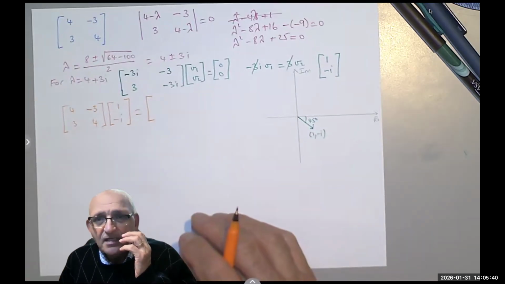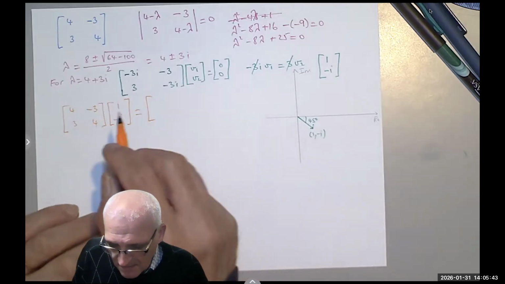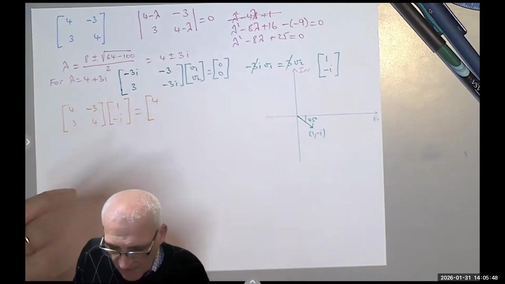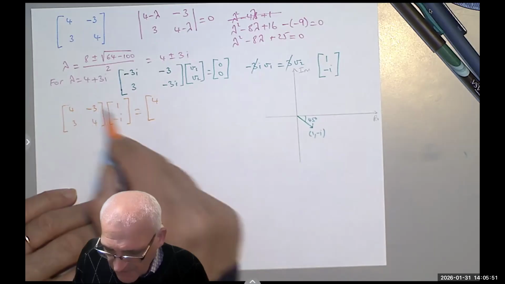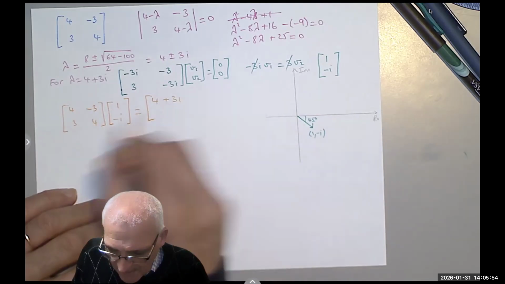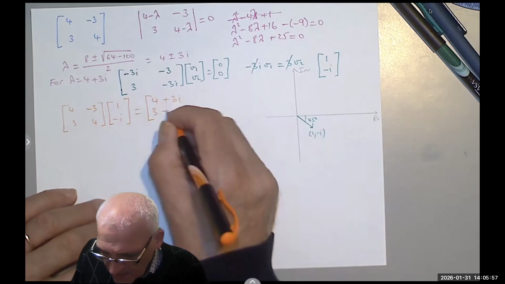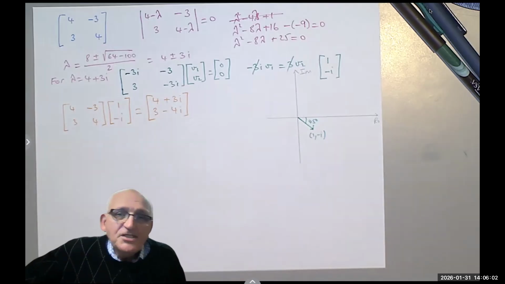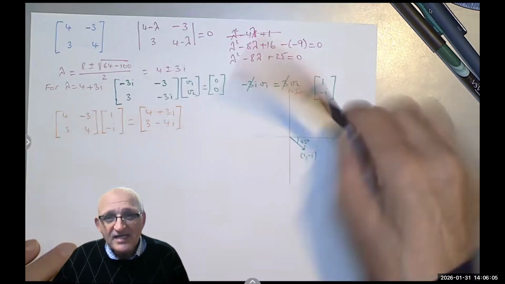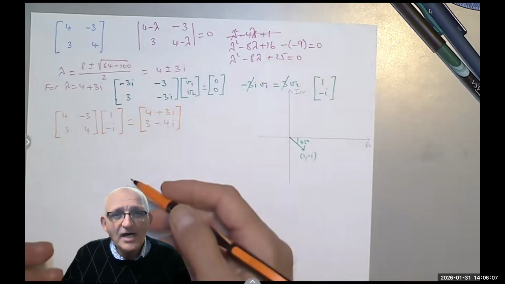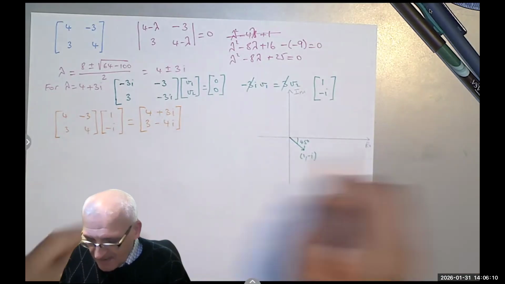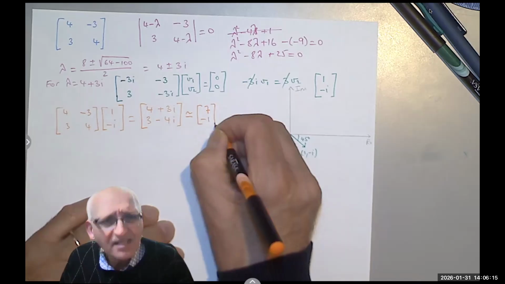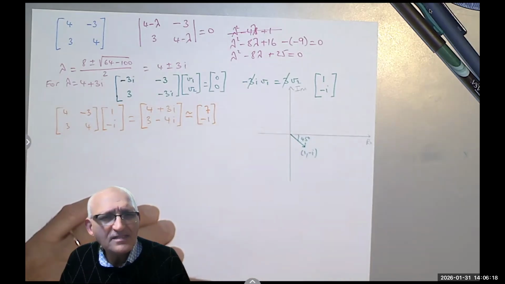However, this time, if you do it, you say 4 times 1, negative times negative is positive, and you get plus 3i. And here you get 3 minus 4i, right? However, notice that the i we are only using to differentiate between x and y. You can say this is the x and this is the y, but in that case, that can be written as 7, negative 1.